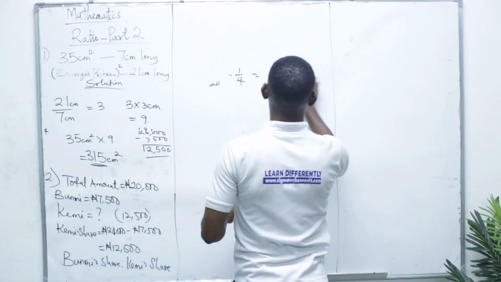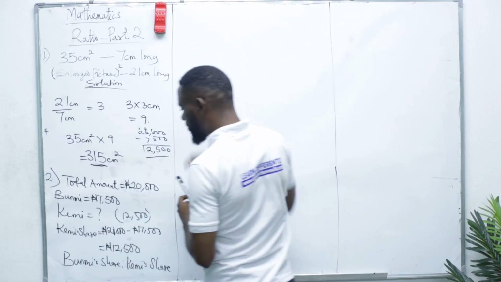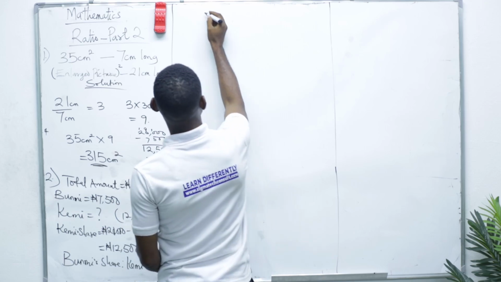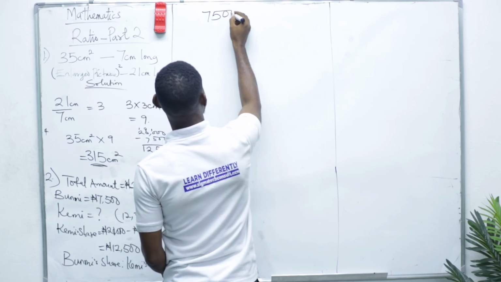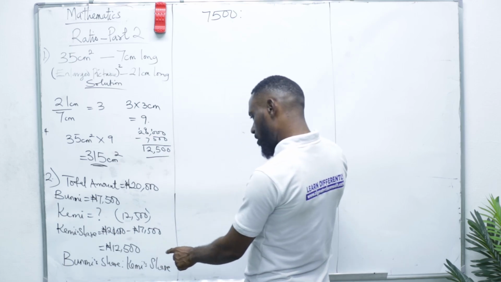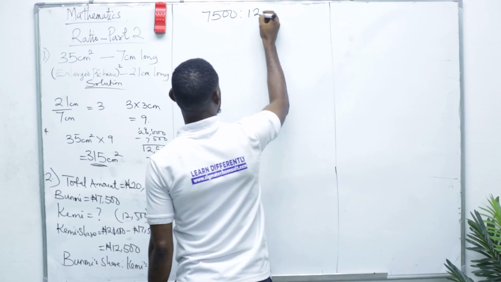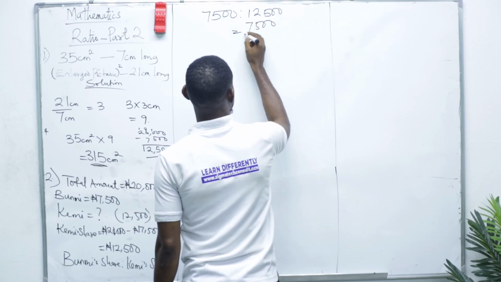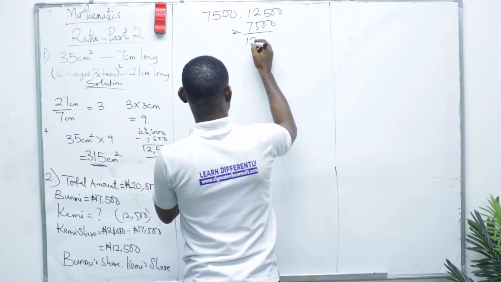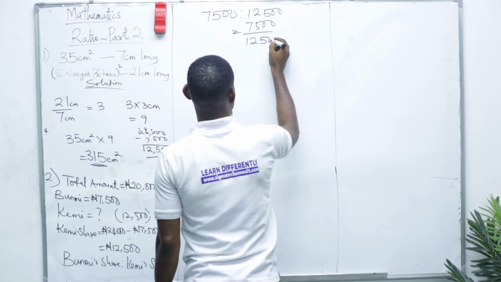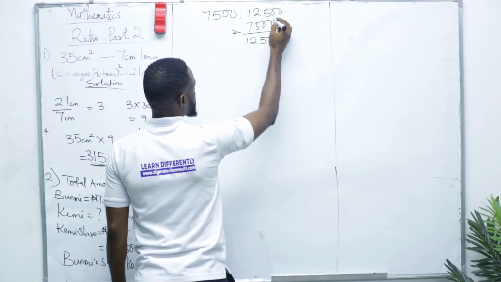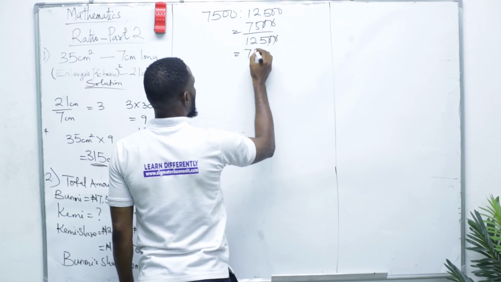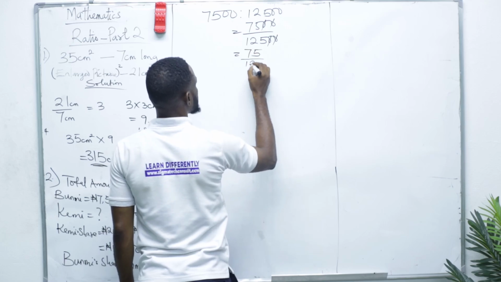All right? Okay, so that being said, that means Bumi's share is 7,500 is to Kemi's share is 12,500. So this is equal to 7,500 is to 12,500. Okay? So we are having 75 over 125.